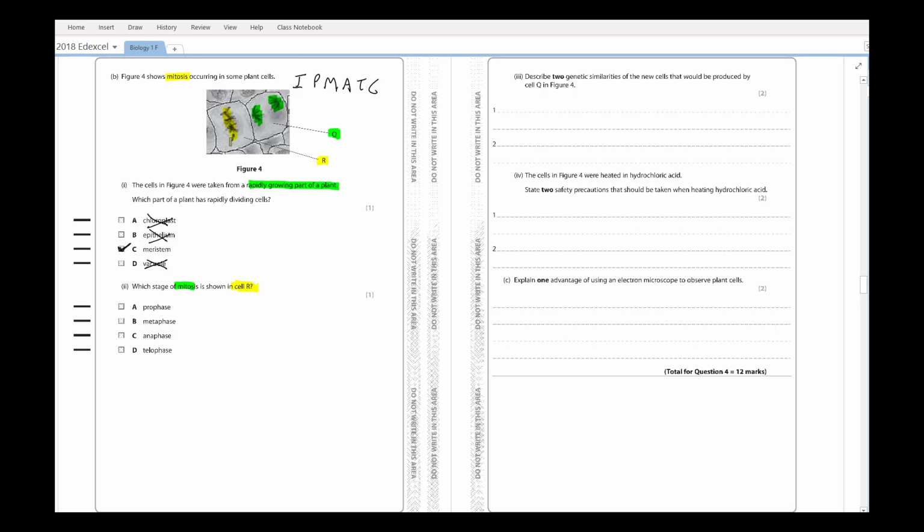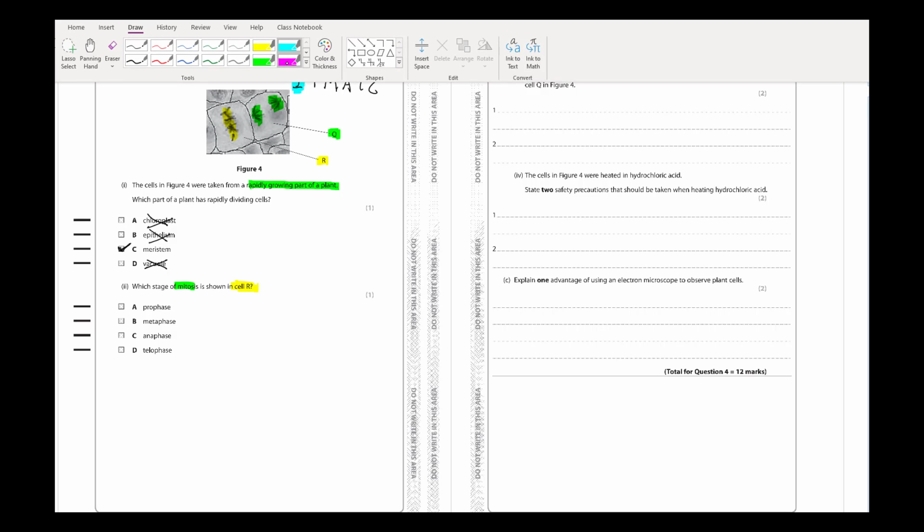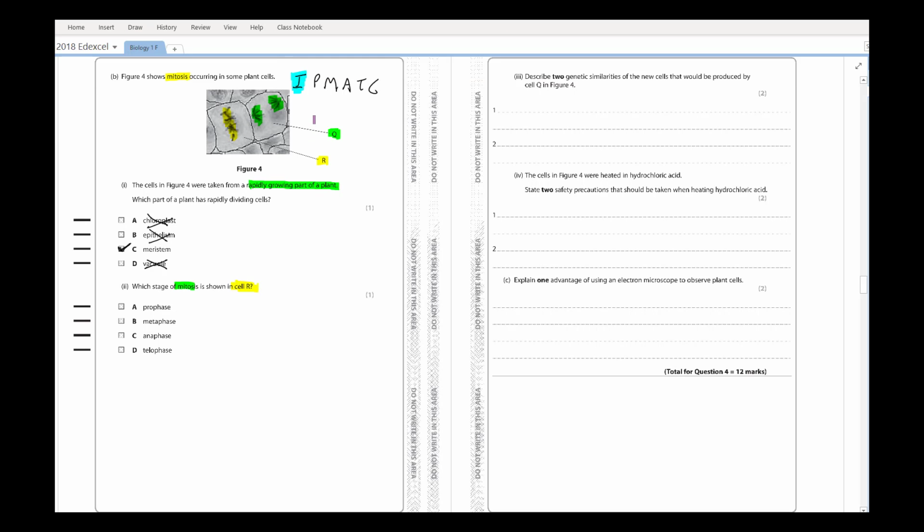So it's cell R followed by cell Q. Going back to I pee myself at the cinema: I stands for interphase, where the DNA is replicated and the subcellular structures are copied as well. In prophase, the spindle fibres start to appear and the nuclear membrane starts to break down, so it's not that.